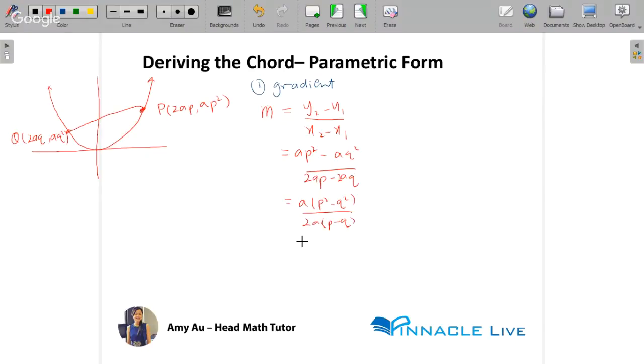And then factorize the difference of two squares again. Cancel. That's it.